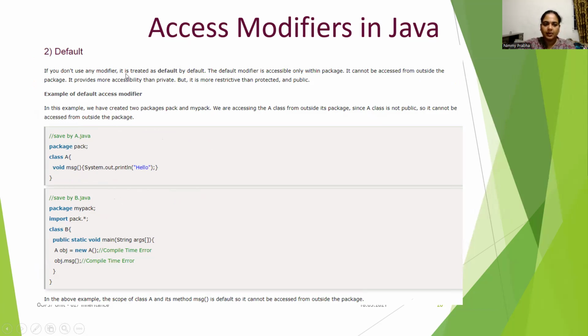Access modifier in Java. Next one is default. If you don't use any modifier, then it is default. Package pack, class A with void message hello, and then package mypack, importing pack.